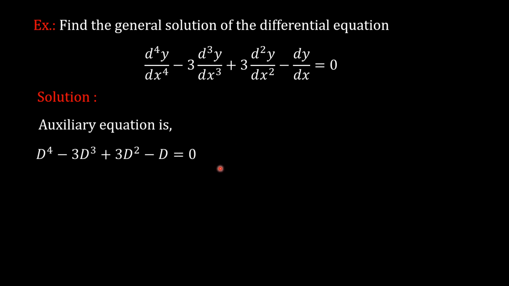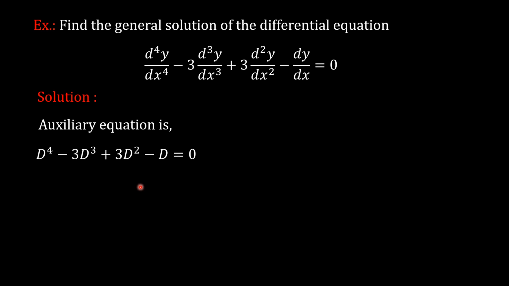So that will be the auxiliary equation, which is D raised to 4 minus 3D cube plus 3D square minus D is equal to 0. Now we want to obtain the roots of this auxiliary equation.